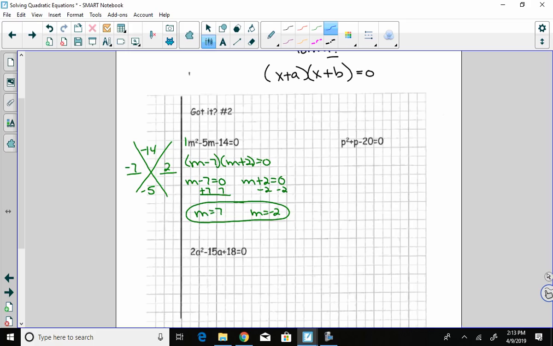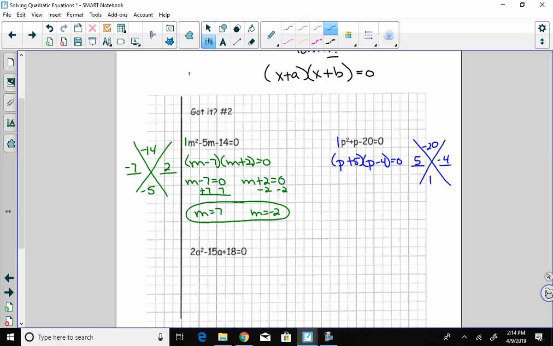We have p squared plus p minus 20 equals 0. So ask yourself, hey self, what's negative 20 and 1 apart? Oh, that's going to be a positive 5 and a negative 4, right? Positive 5, negative 4. So again, because this is a coefficient of 1, I can go straight to the answer. p plus 5 is one factor. p minus 4 is the other factor.